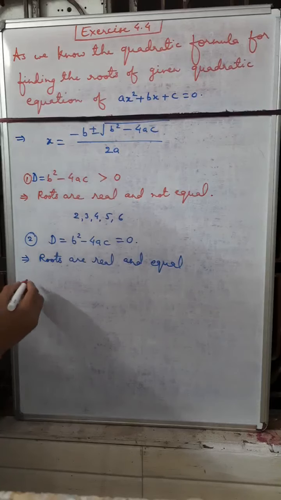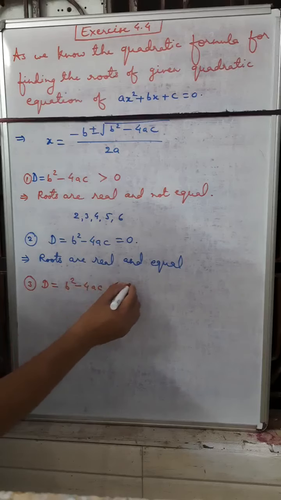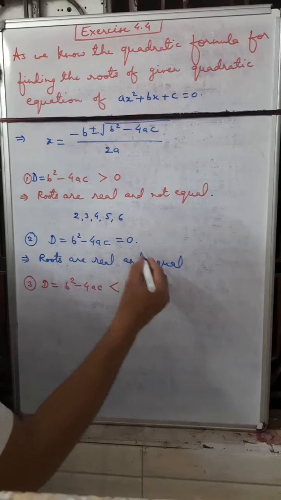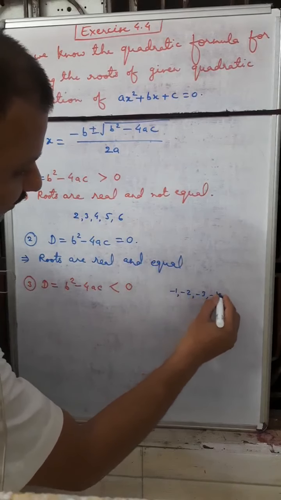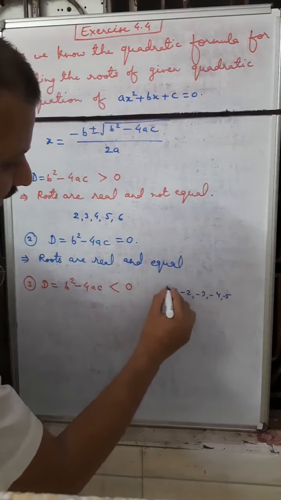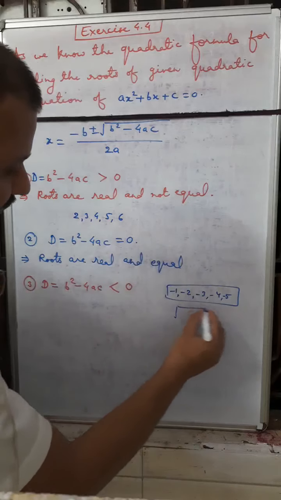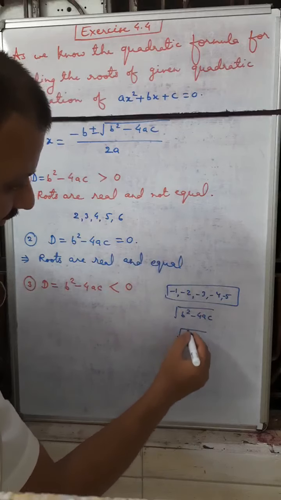The last, third condition is D is equal to b square minus 4ac is less than 0. Less than 0 means minus 1, minus 2, minus 3, minus 4, minus 5, etc. So how can we find the under root of b square minus 4ac if it is minus 2?